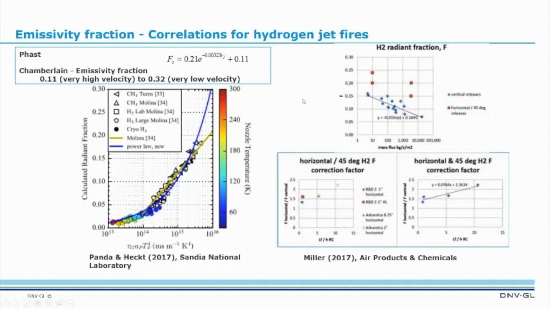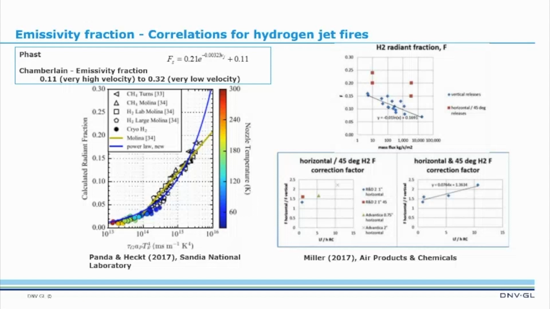Another very interesting publication on the right by Derek Miller of Air Products, and his modeling has identified a difference between horizontal and vertical flames, which we don't fully understand the mechanism behind, but his correlation has an adjustment for horizontal flames.